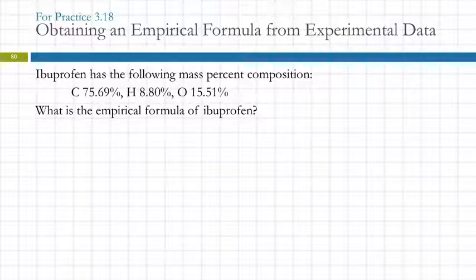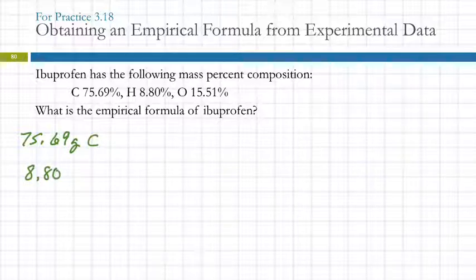The formula doesn't change if you have 100 grams or 1,000 grams, right? So we can just choose whatever's convenient. So I'm going to write down 75.69 grams of carbon, 8.80 grams of hydrogen, and 15.51 grams of oxygen.